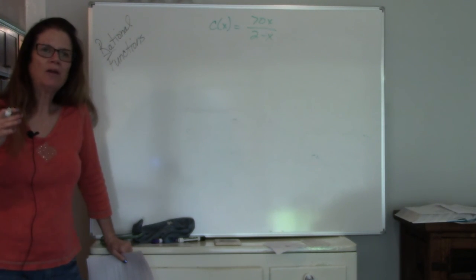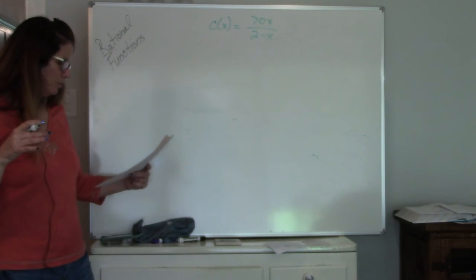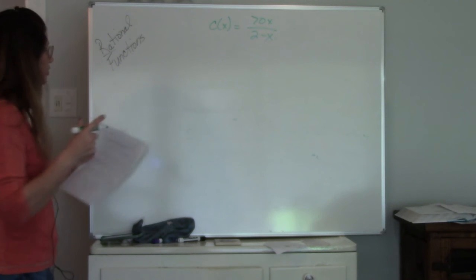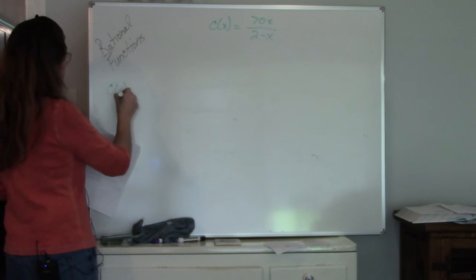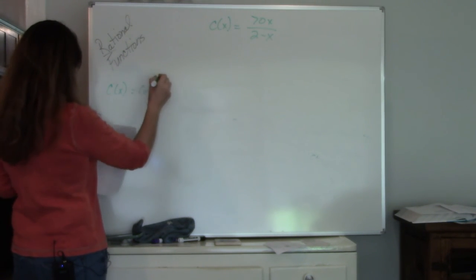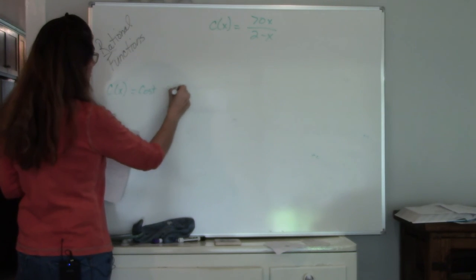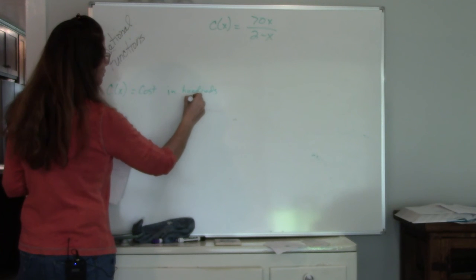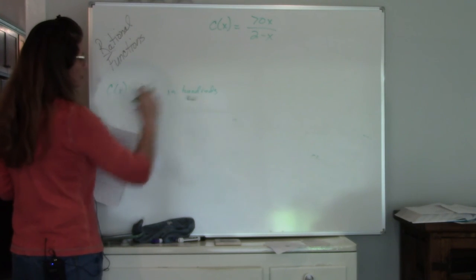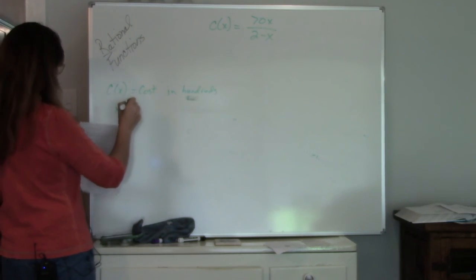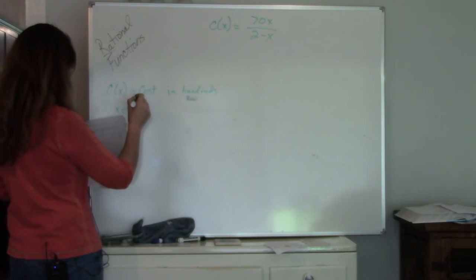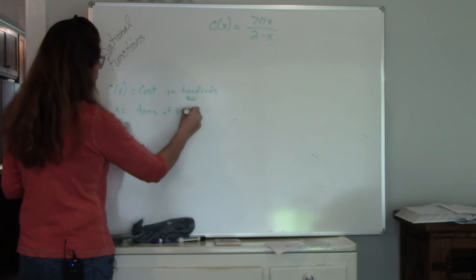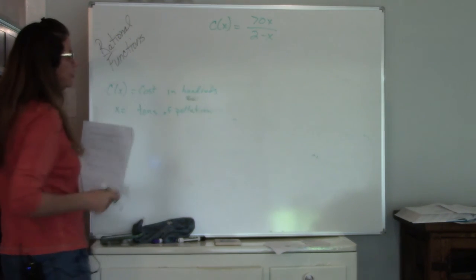We're talking about what it would cost to remove x tons of pollution. So C of x represents cost in hundreds of dollars. So you're going to move your decimal point twice because there are 2 zeros in 100. And x is tons of pollution. Okay, so we're going to use that function.